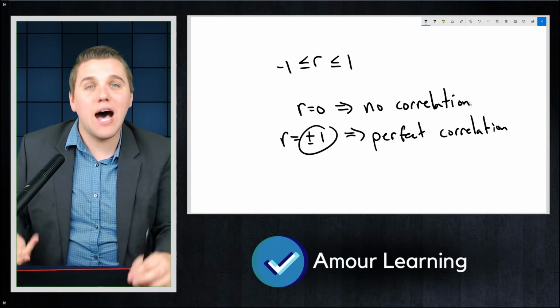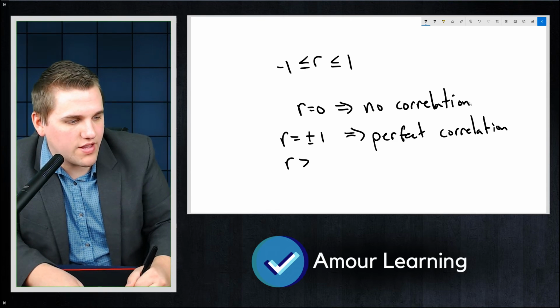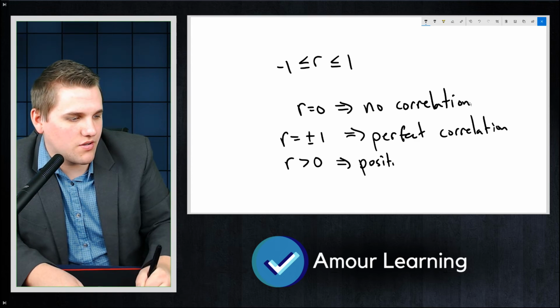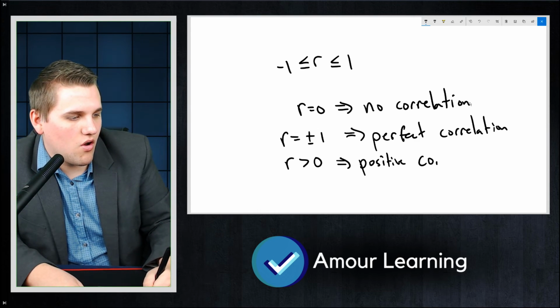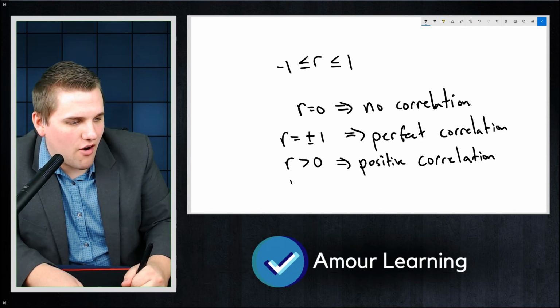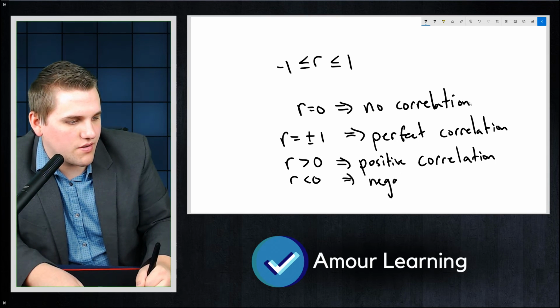If your r value is greater than 0, that means you have positive correlation, or a positive slope, if you want to think of it that way. And likewise, if r is less than 0, this means that you have negative correlation.